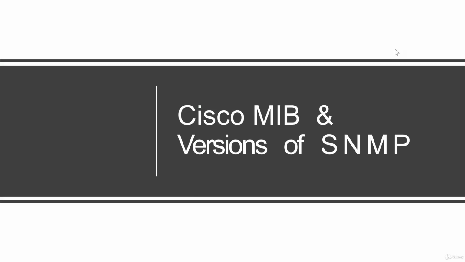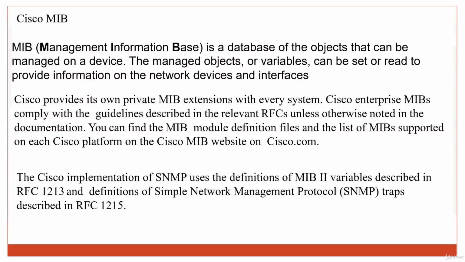Let us understand Cisco MIB and versions of SNMP. Now this MIB is nothing but a database, and this MIB is in the form of a tree structure. Again, if you want to learn more about MIB, you can refer to RFC 1213, and for traps we have RFC 1215.